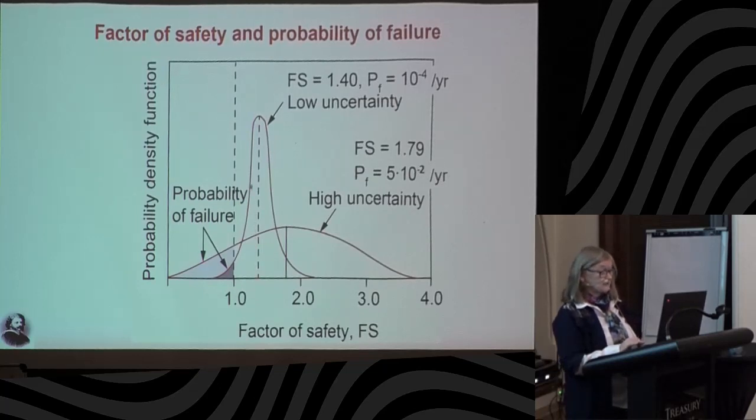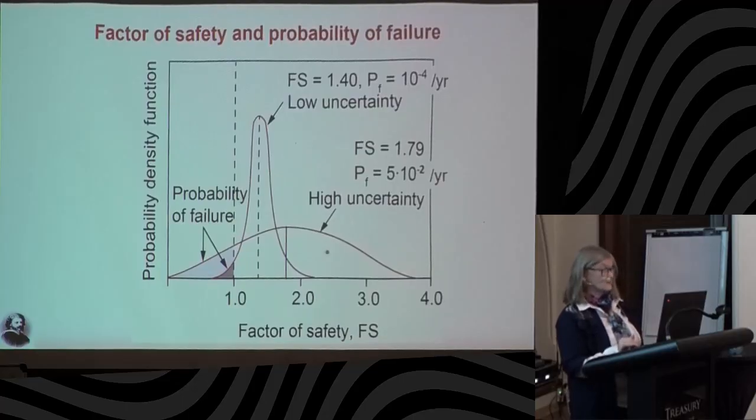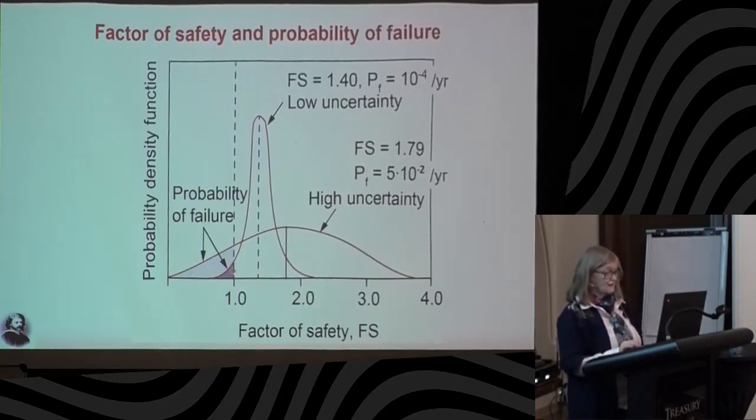If you have a safety factor of 1.4 and very little uncertainty, then the distribution of safety factor would be a tall and slim distribution. But there is a probability of failure, some combination of the loads and the resistance that can give a safety factor less than 1. So this is your probability of failure.